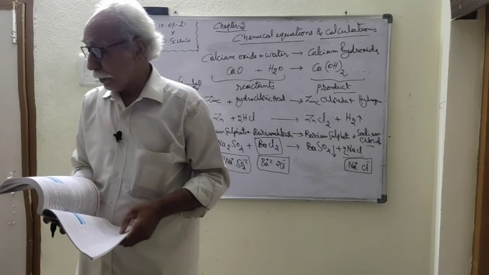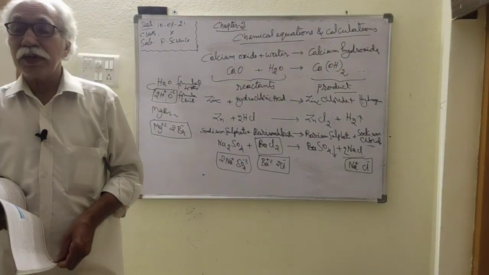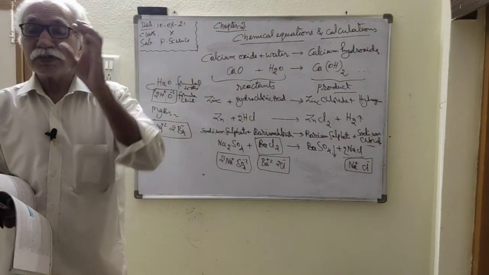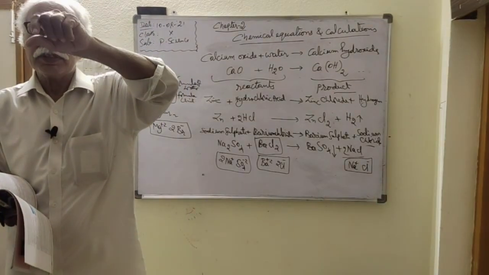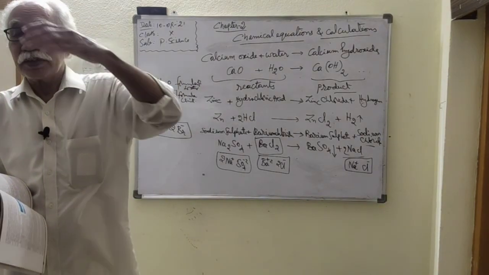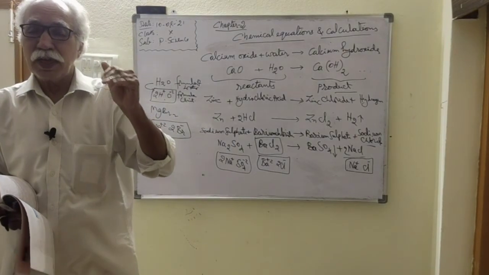And step number 4 is verification. Verification is important, to check whether the atoms are equal or unequal. We should always write each element symbol and write how many atoms are in the reactant side and how many atoms are in the product side. If they are equal, balanced. If they are not equal, unbalanced.